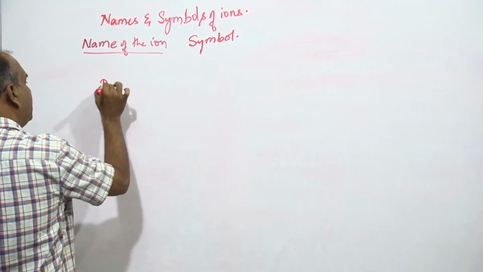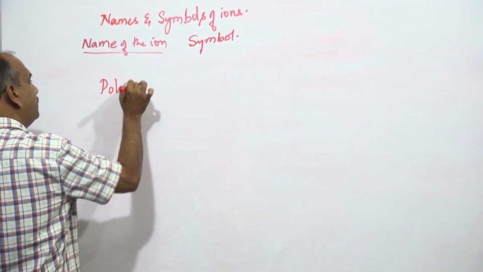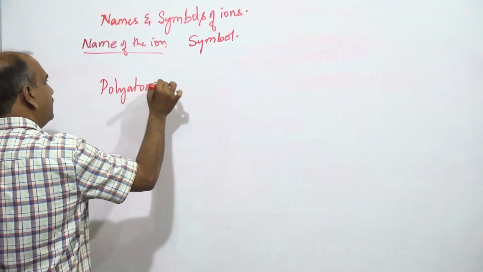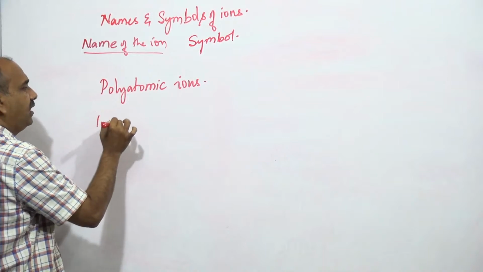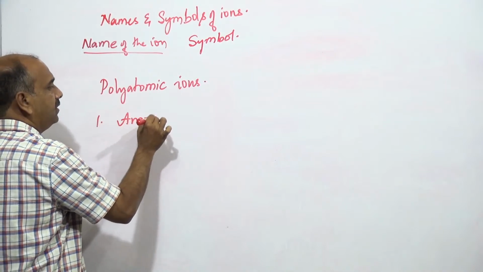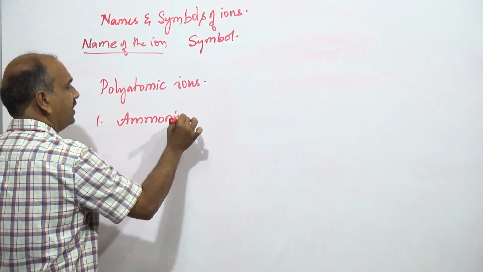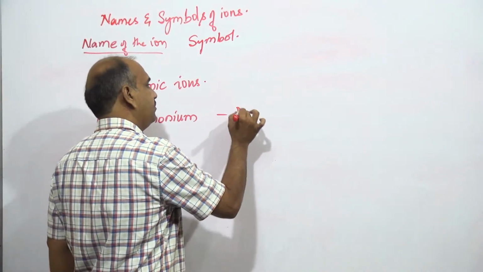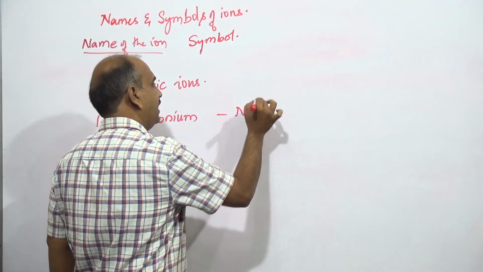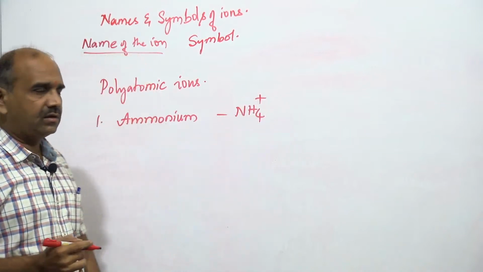The polyatomic ions. First one, ammonium, you can say. In this ammonium ion, you have got nitrogen as well as hydrogen. So the symbolic representation for that, NH4 plus.